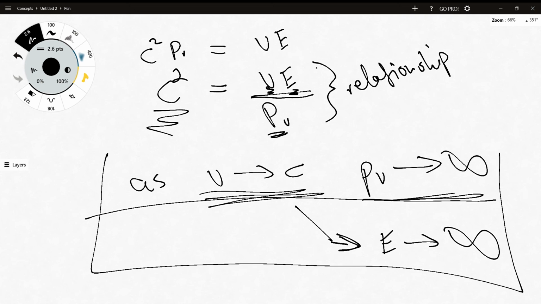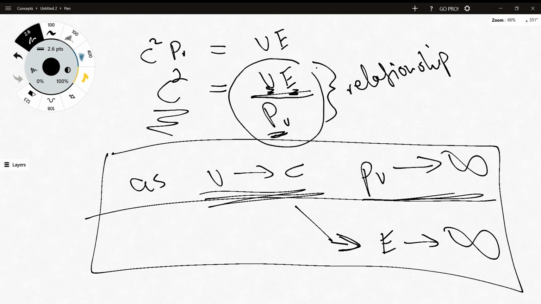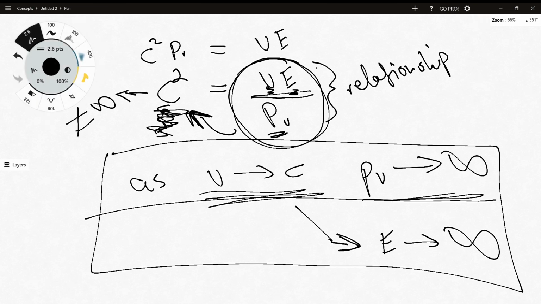Now, if any one or multiple of the values or variables in this right-hand side were to approach infinity, you simply cannot have a constant c squared, because c and c squared have no direct correlation with being equal to infinity. You can't have something equal to infinity.